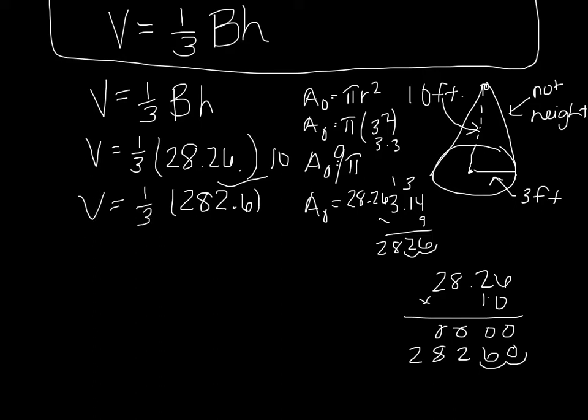So really, you guys, if I'm multiplying something by 1/3, that means I have to divide it by 3, right? Because I would do 1 times 282.6, and then I would divide that number by 3.